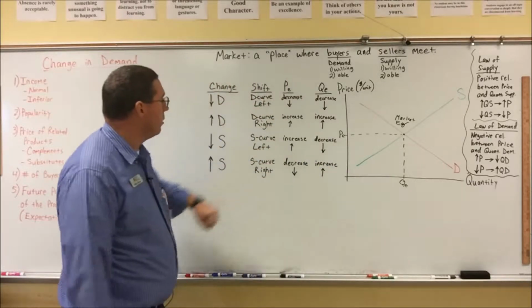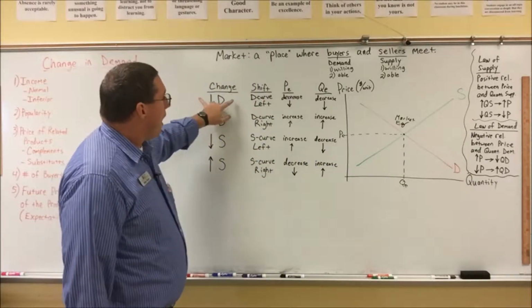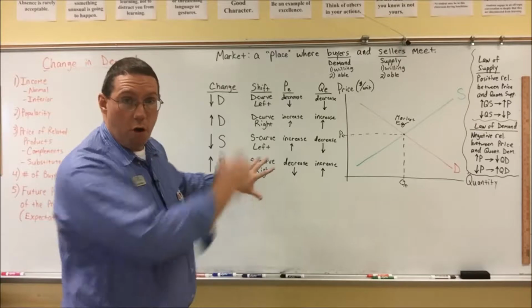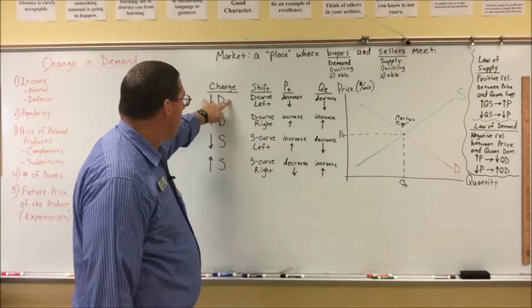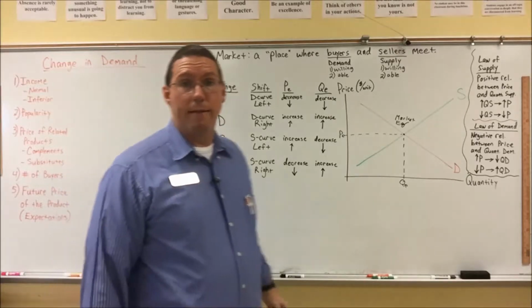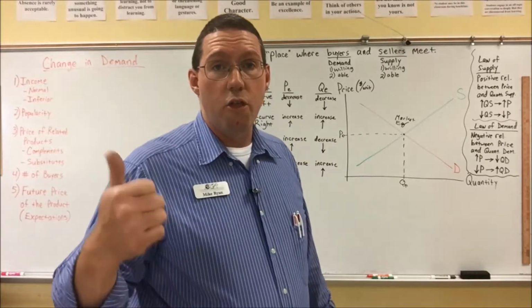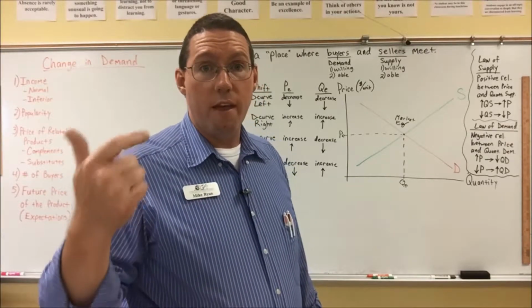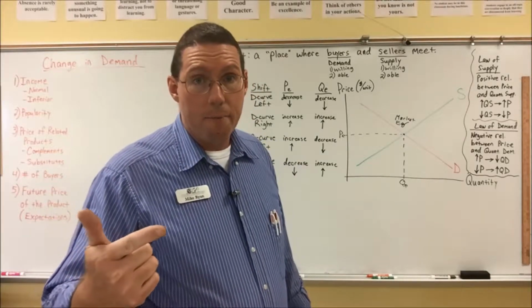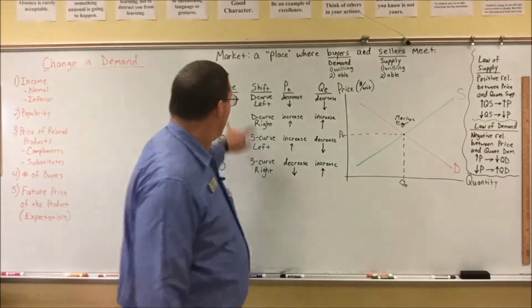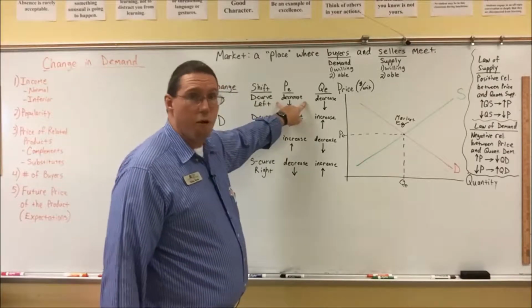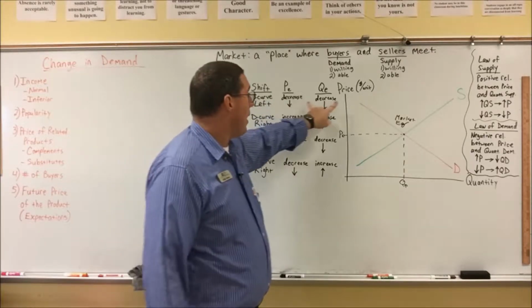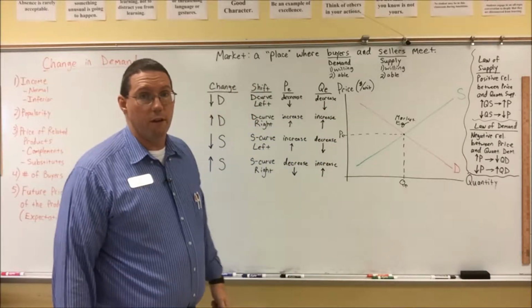And this is what we concluded. We shifted the curves on the board, right? And we saw that when there's a decrease in demand, that means there's a decrease in the willingness and or the ability of buyers to buy. So that's a decrease in demand. The demand curve shifts to the left, which results in a decrease in equilibrium price and a decrease in equilibrium quantity.